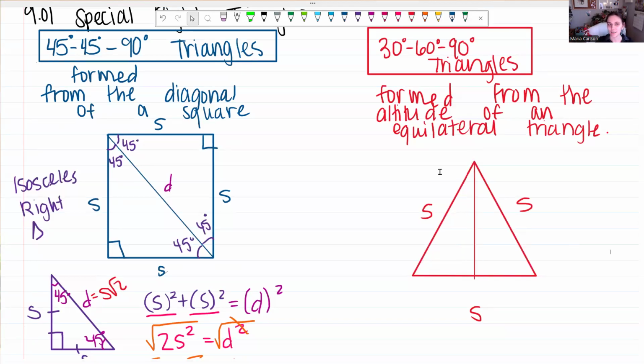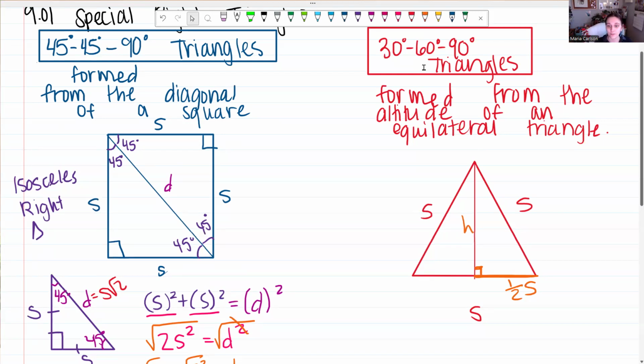And since it is equilateral, and this is a perpendicular altitude, this distance, just 1/2 of the side, is 1/2 of s. So this height, this altitude, divides the opposite side in half.